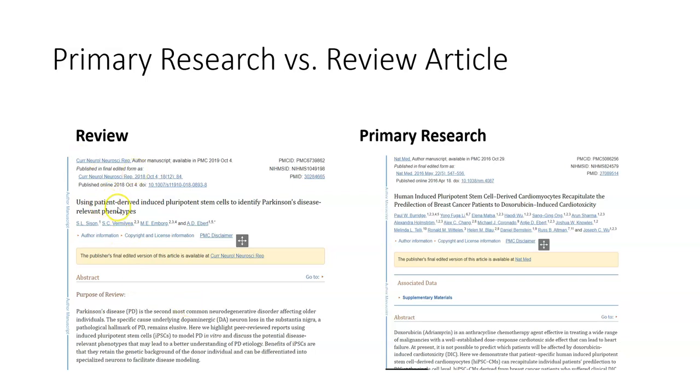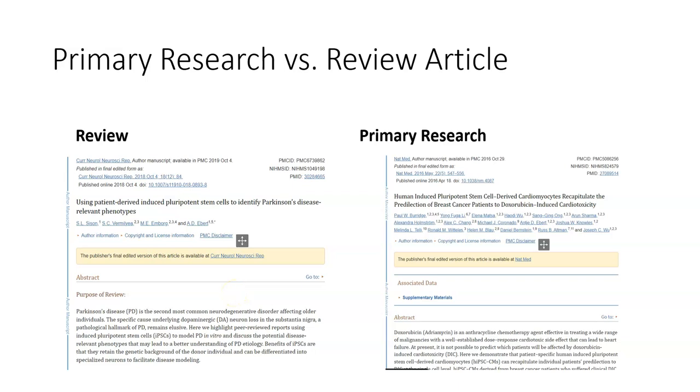If we're looking at using patient-derived induced pluripotent stem cells to identify Parkinson's disease, these authors have looked through the literature and the most up-to-date information. This was published in 2018, so now it is out of date, and you could write a new one from 2024. What are the newest things that are happening? So this is an article where they've pulled together information and resources.